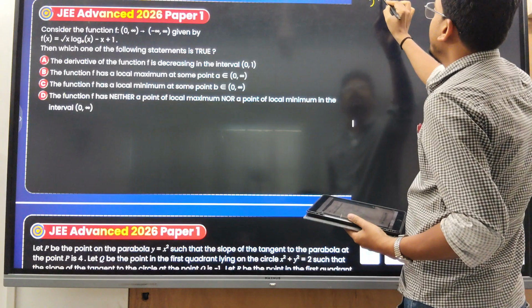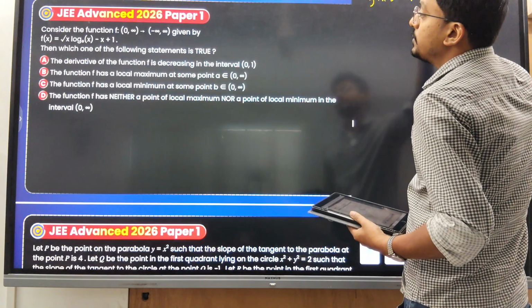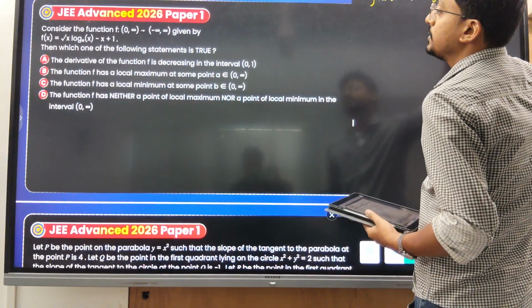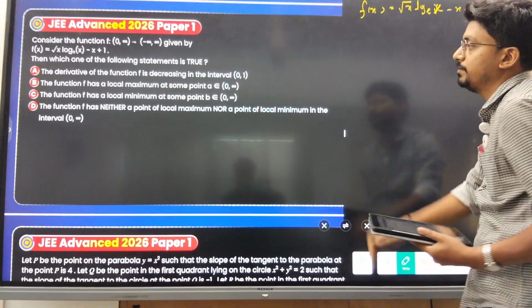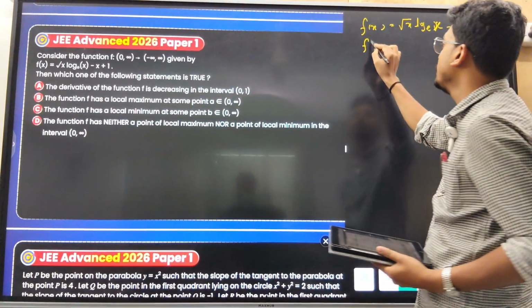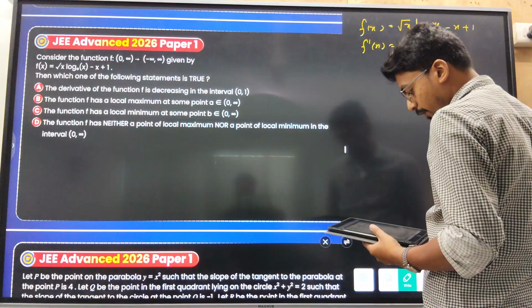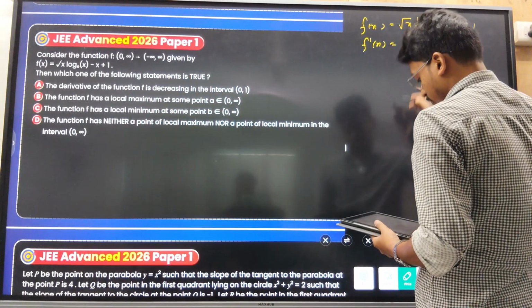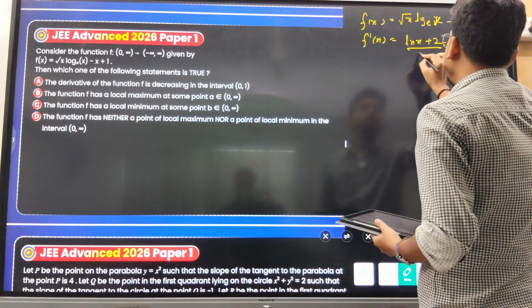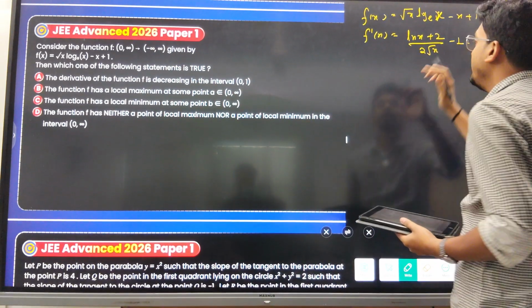So f(x) is given as √x log_e x − x + 1. If we find f'(x), we will get f'(x) = (ln x + 2) / (2√x) − 1.